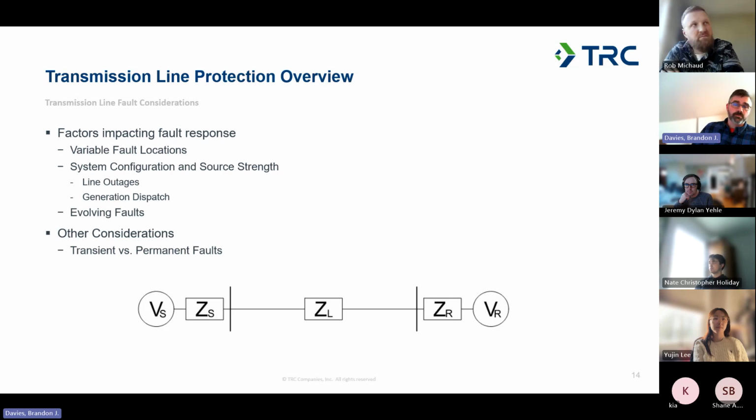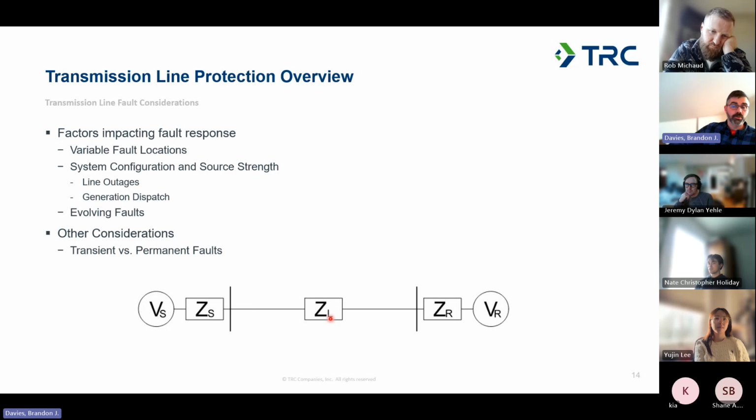That makes it so that you have to be able to react to a fault in any of those locations. So the variable fault location has a big impact on fault response, because if we're looking from the perspective of the sending end Thevenin equivalent, a fault that's close in on the beginning of the transmission line is going to have a much smaller portion of this impedance between the system equivalent and the fault location, compared to if the fault is all the way at the other end.